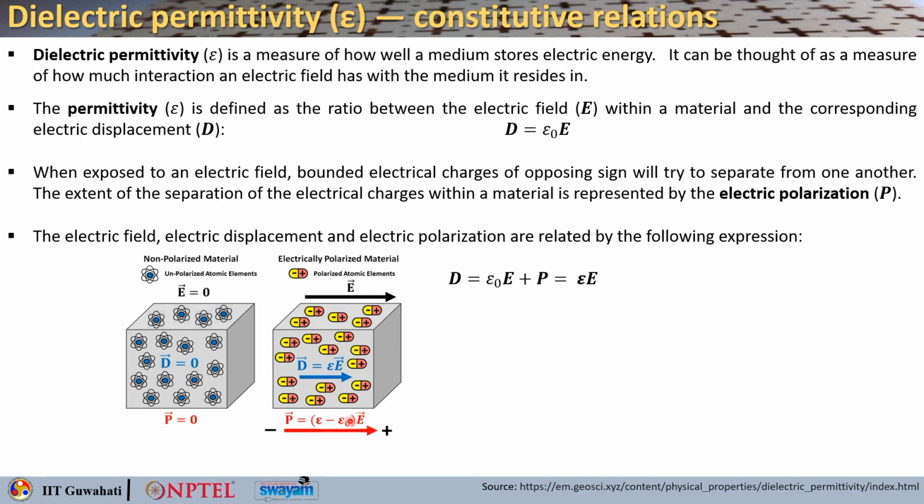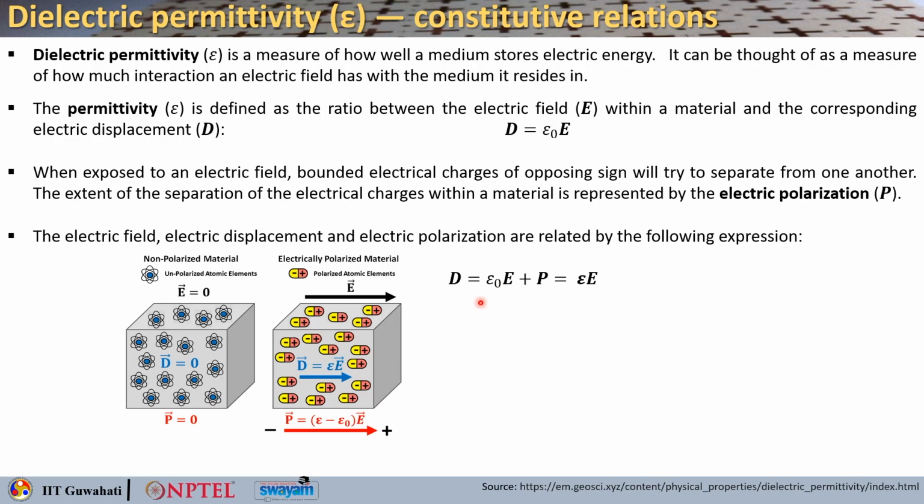So, how do you get this? You can straight away look from here that the electric field, electric displacement and the polarization are basically related by this. So, normally you have this one, okay, this is without the material, but then when the material is present, this extra term adds up. Okay. So, the electric field, electric displacement and the electric polarization are related by this following equation.